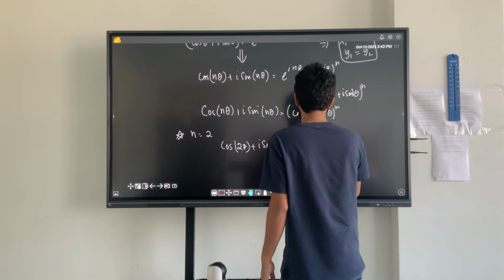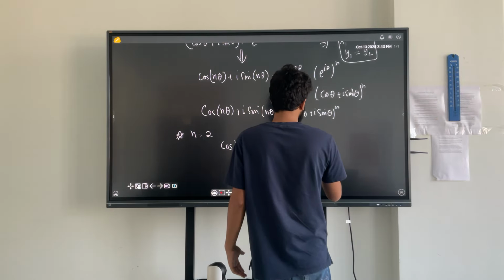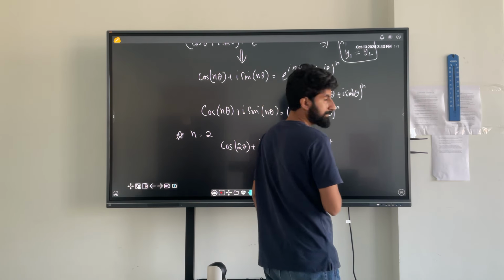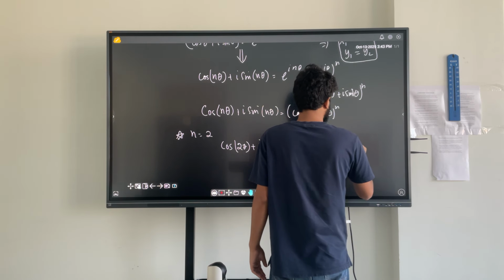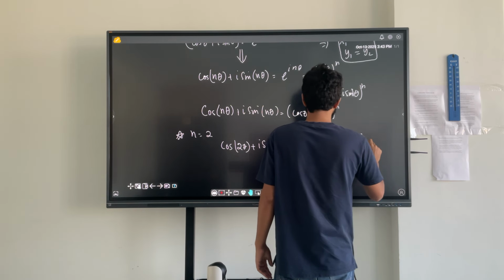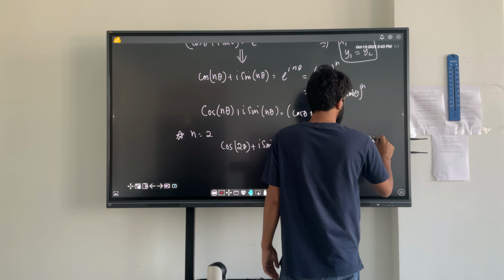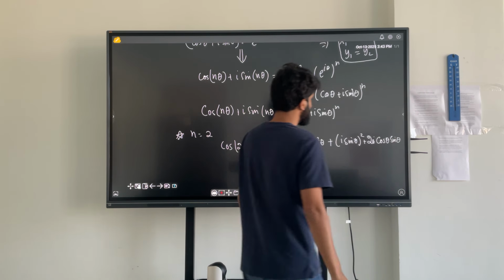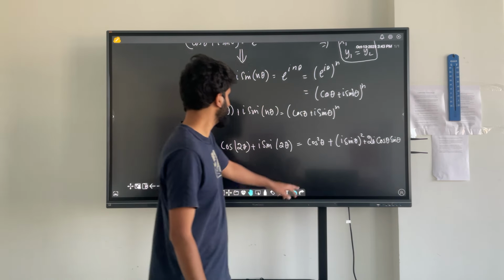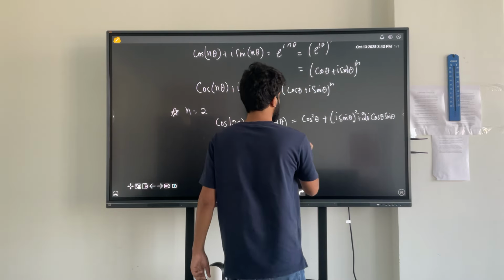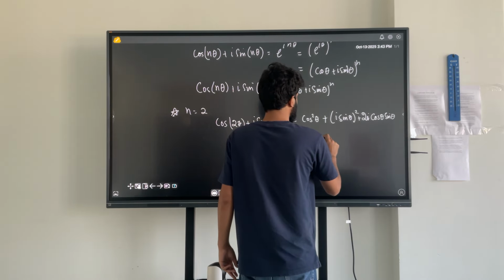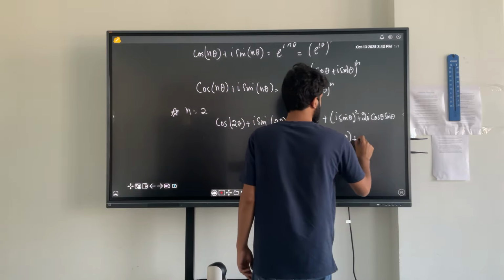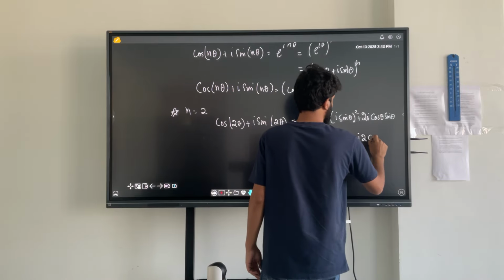Cos square theta plus iota sine theta squared plus 2 iota cos theta sine theta. So what do I get from here? I get cos square theta minus sine square theta plus iota times 2 cos theta sine theta.